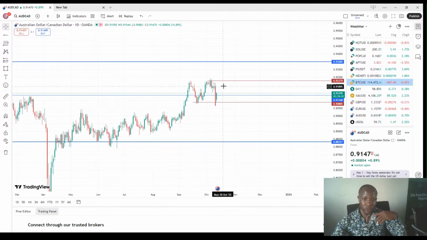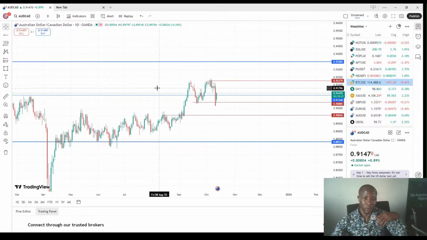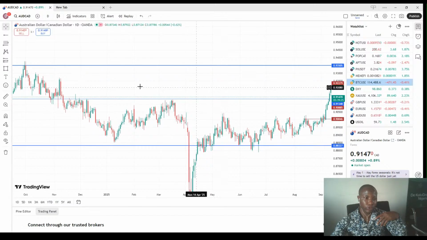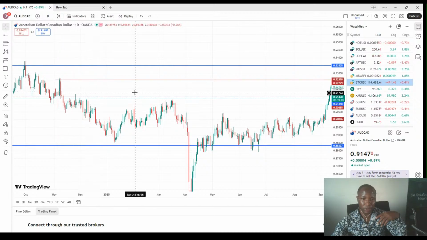So we have these two targets in the daily, the areas the market might actually be reversing from. We still have this one. So all of the bullish move we have here, all these are where the market will touch and react before it gets to the major target, which is on the monthly here.